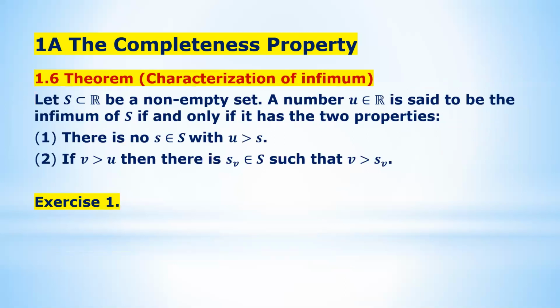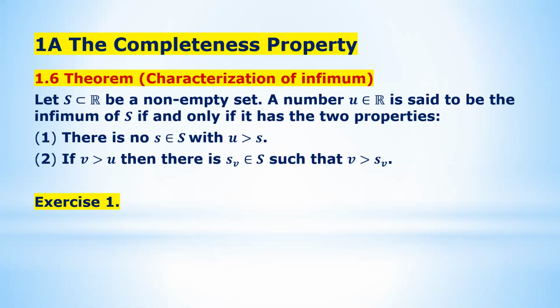The previous theorem is called a characterization of the supremum. And we have a similar result called characterization of the infimum. It's similar because, again, we assume S is a non-empty set. Then U is the infimum of S if and only if you have these 2 parallel properties, maybe with the inequality signs opposite.